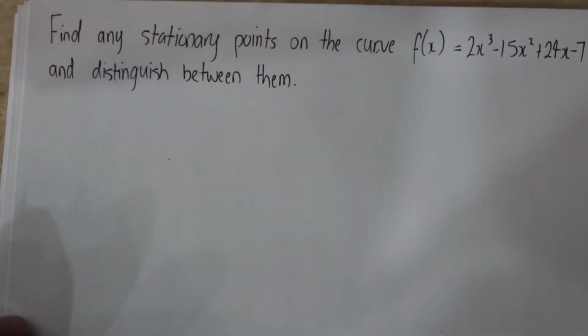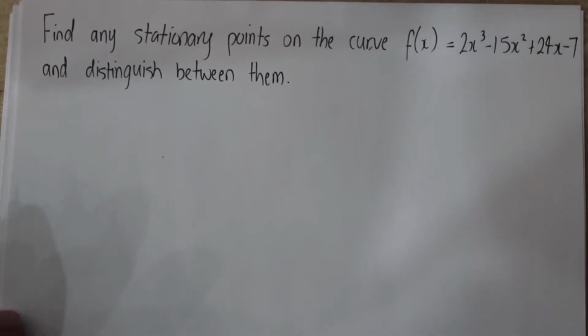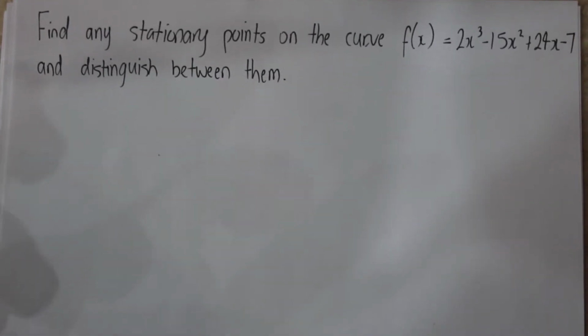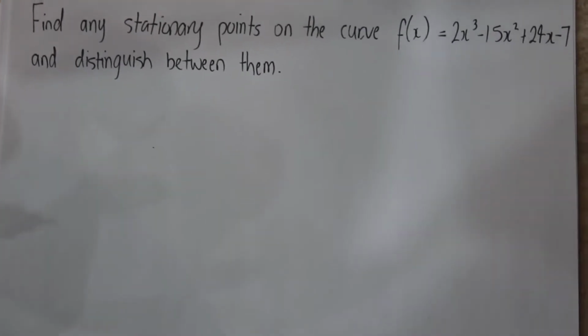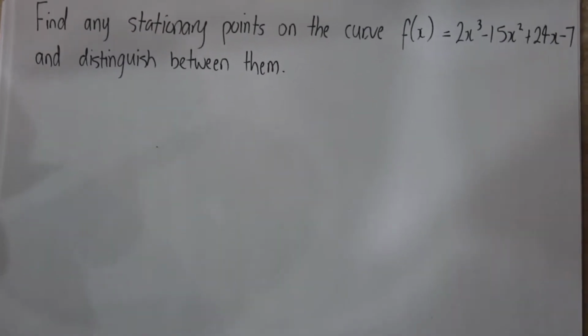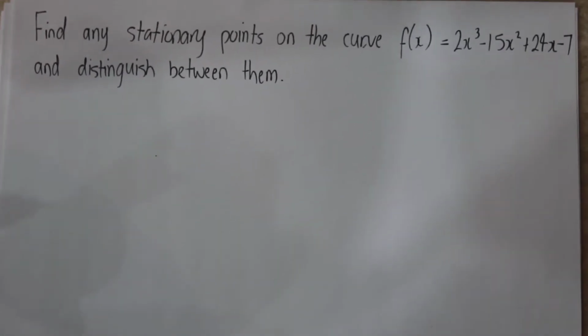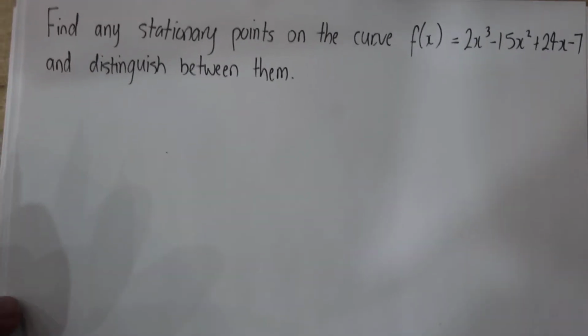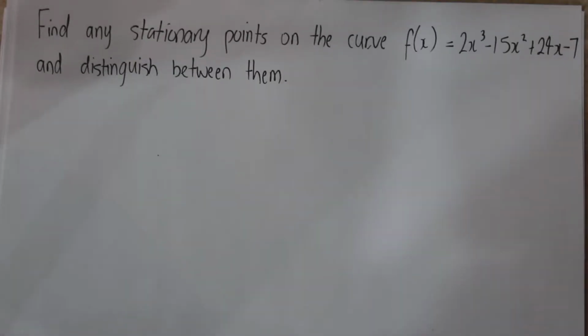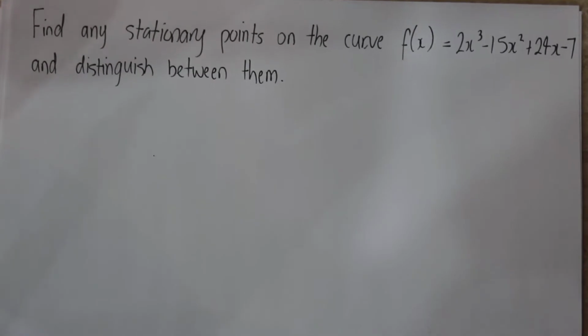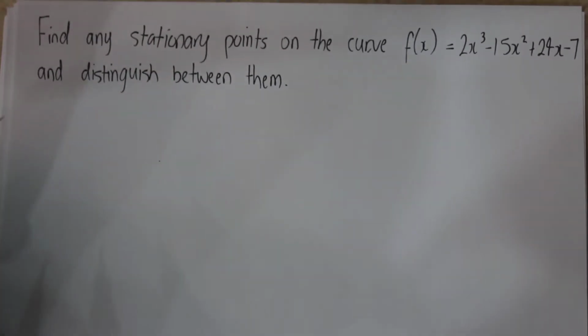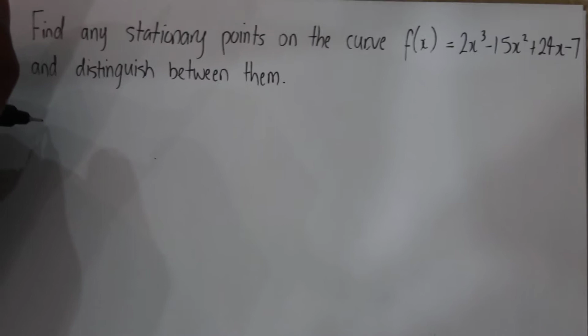First, we need to find the stationary points. To do that, you differentiate the function and then make the answer equal to 0. So first, let's differentiate the function.